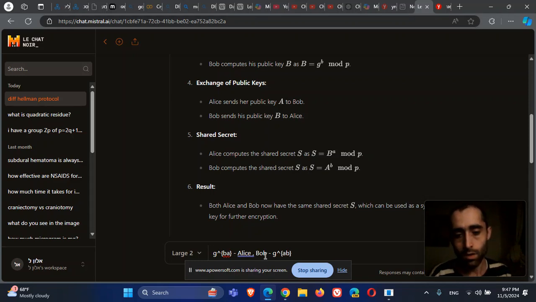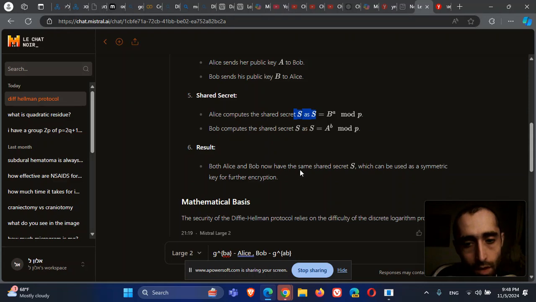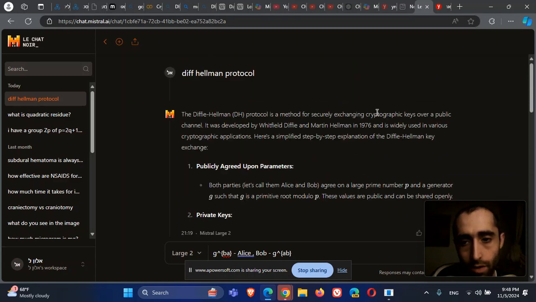Now you take it with B. When Bob takes it to the power of B, it creates again the same one. Now, if you look, Alice and Bob now they both have the same secret, a cryptographic key over a channel.